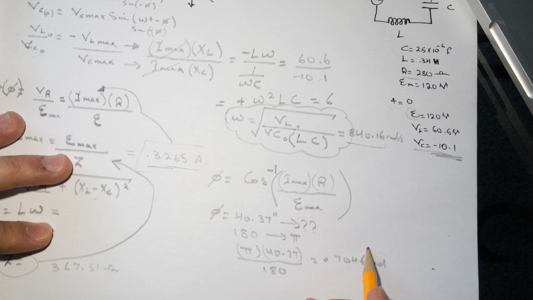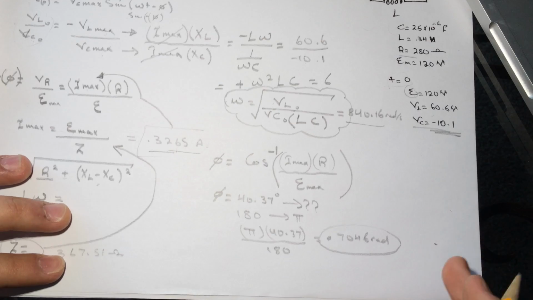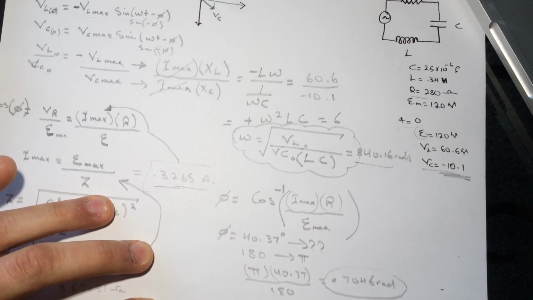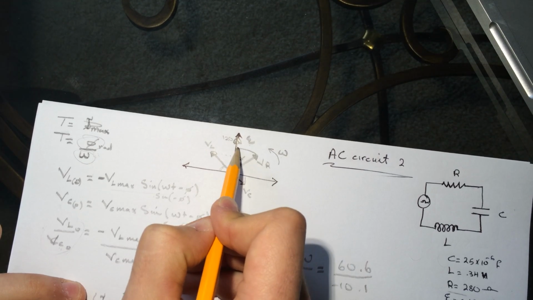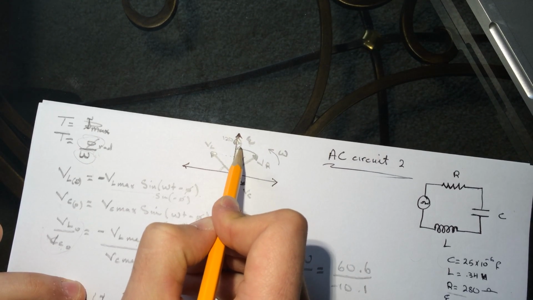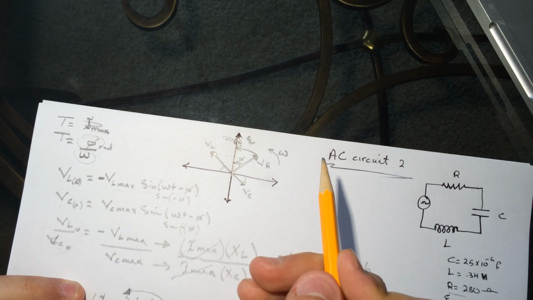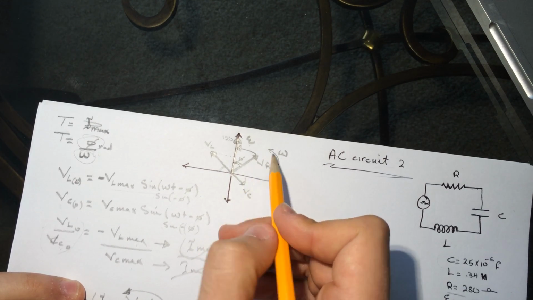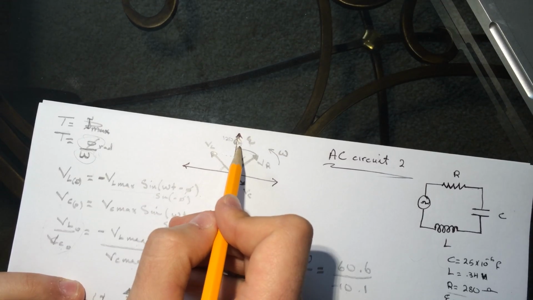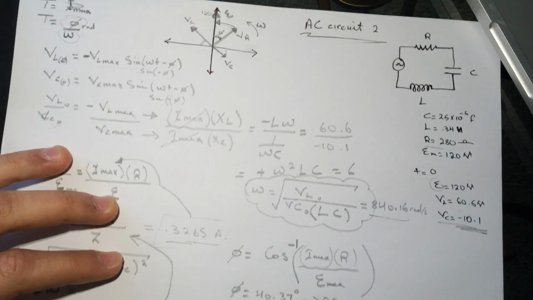Now just divide this by the omega and you'll get the time. And the time is for the VR here to get to the maximum value, because the VR is in phase with the current. So the time for the VR to get to maximum is the same as for the current getting to maximum.